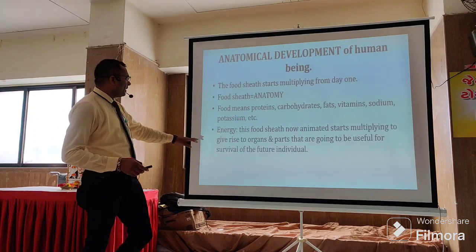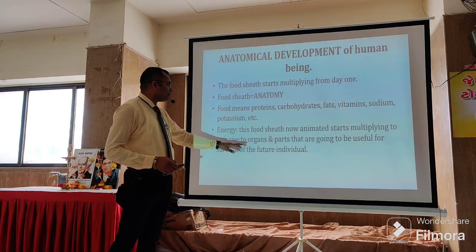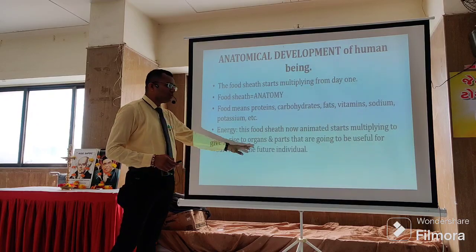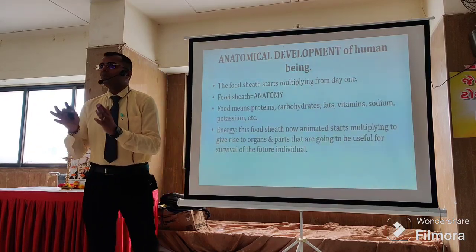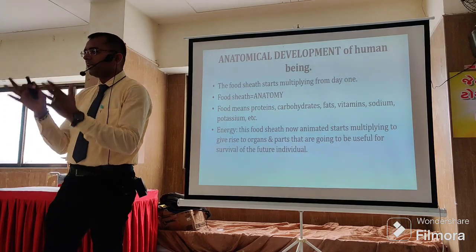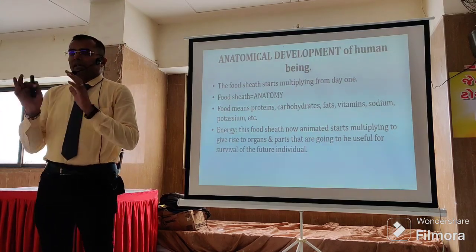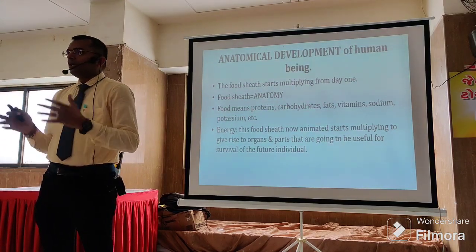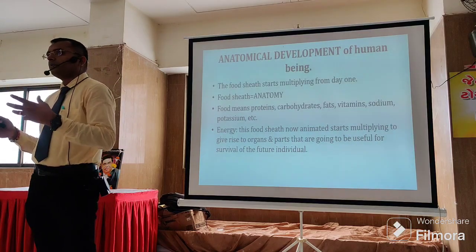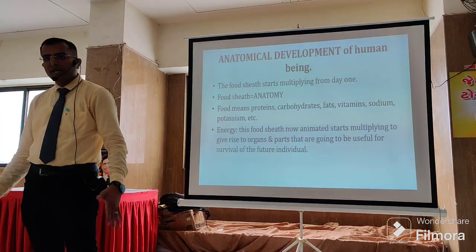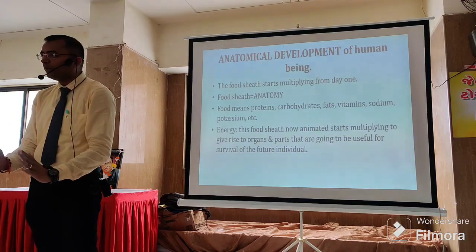Many cells start multiplying and give rise to the organs that are going to be useful for the survival of the future individual. See, all human beings have one cascade. Cascade means the frame structure. That means 2 eyes, 2 ears, 1 nose, 1 mouth, 2 upper limbs, 2 lower limbs. This cascade is everywhere in the human being.